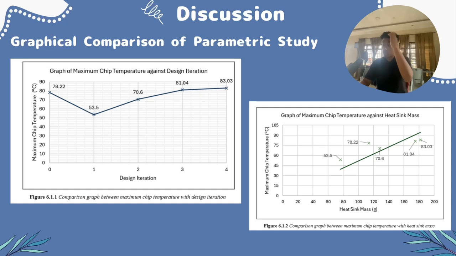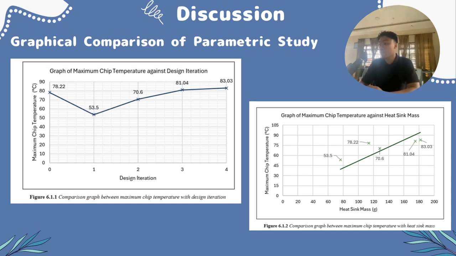Next we move to the graph of maximum chip temperature against heat sink mass. We use the same temperatures that we got from the different design iterations. First, 53.5 degrees Celsius, where the heat sink mass is around 78 to 79 grams. For 78.22, which is the base iteration, we got around 1150 to 1117 for heat sink mass, and for 70.6 we got around 130 grams heat sink mass.